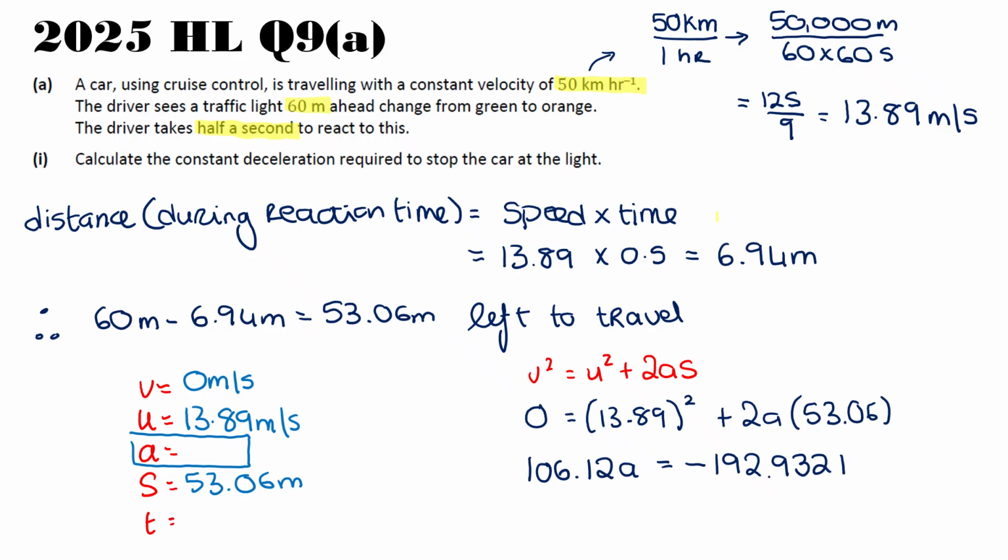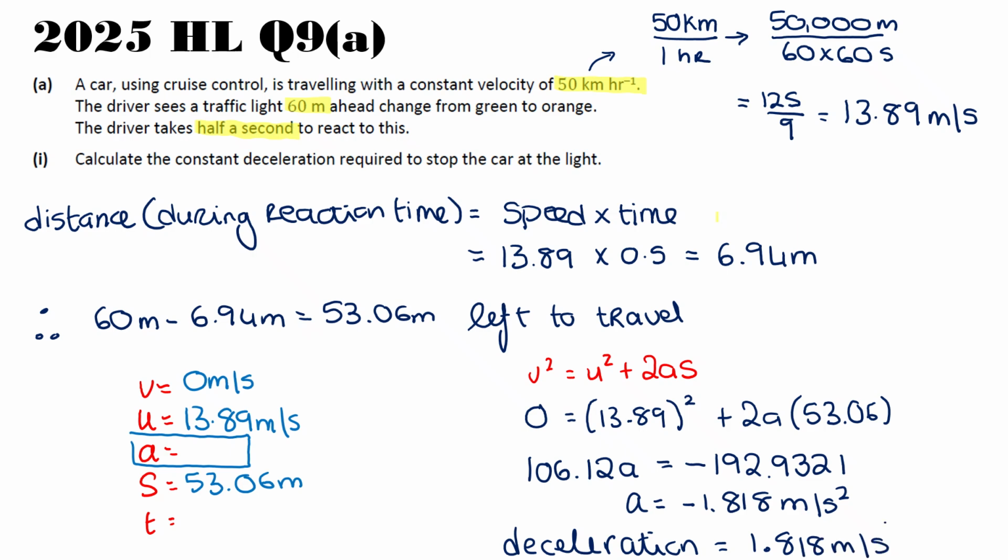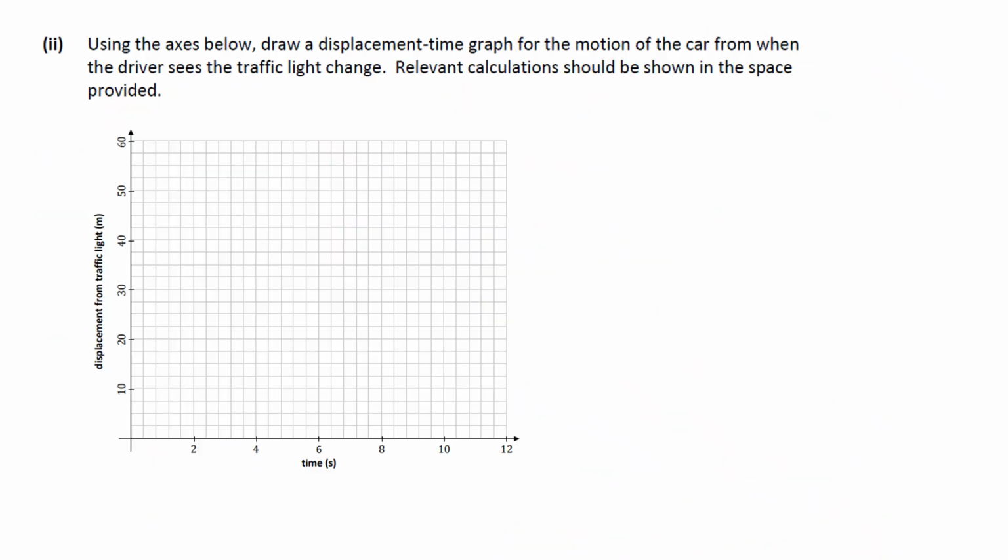Let's divide those, and we're left with A equals minus 1.818 meters per second squared. Or if you prefer, because the question asks for deceleration, we can give our answer as the positive version, which is 1.818 meters per second squared. When we have A, we always use the negative to denote our deceleration.